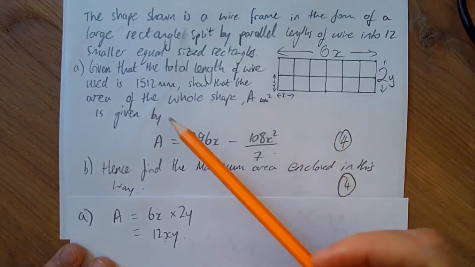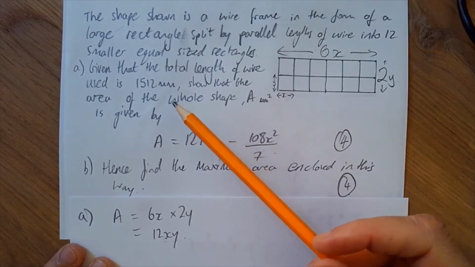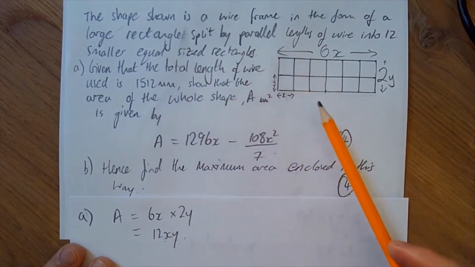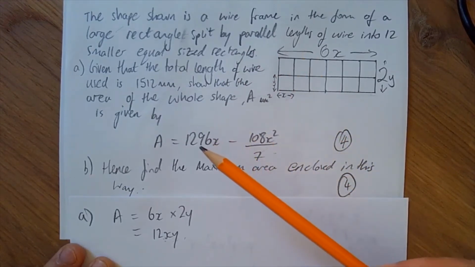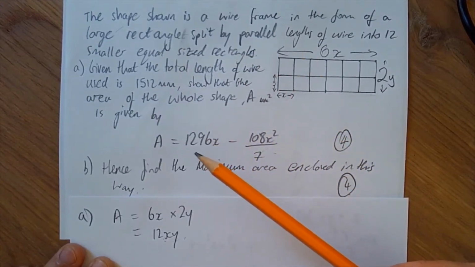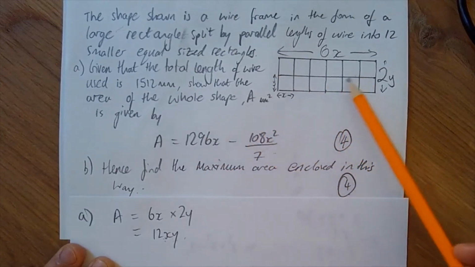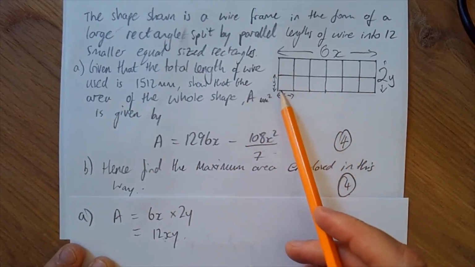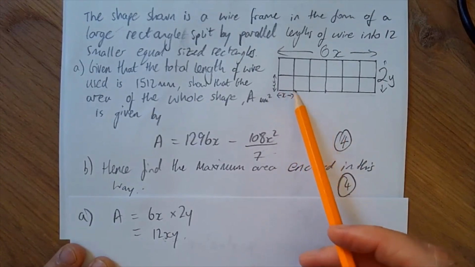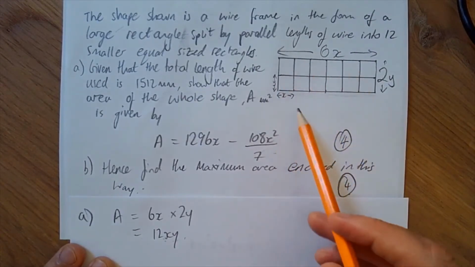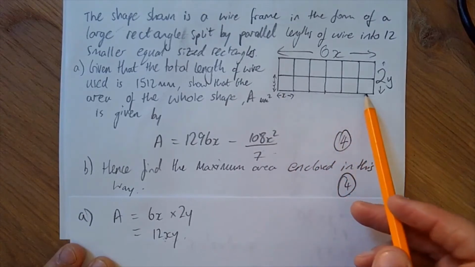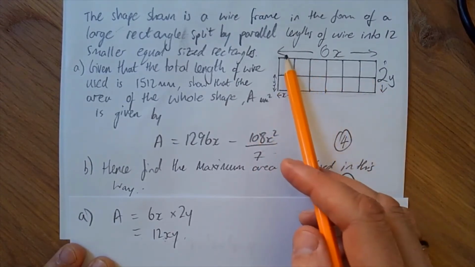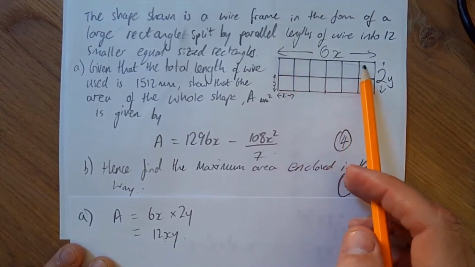So there's some information we haven't used in the question, and that's this 1,512. The total length of all of the wire used is 1,512. So what we're going to do is get an expression for the total length of wire used. Let's think about horizontal wires and vertical wires. We've got 6 x's along there, another 6 x's along the middle there, and another 6 x's along there.